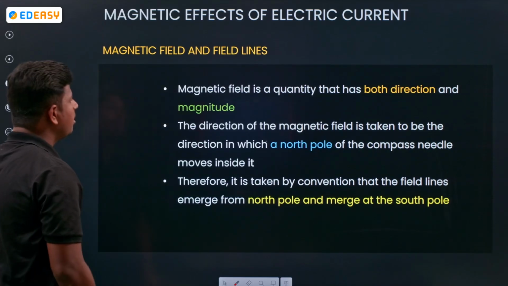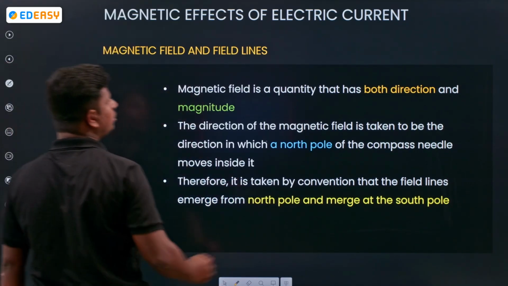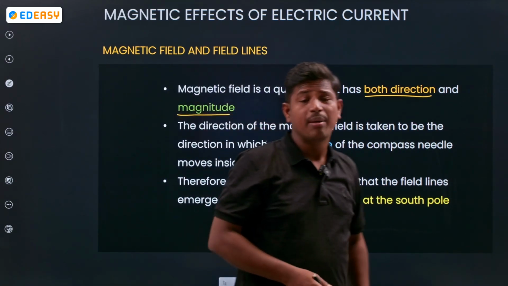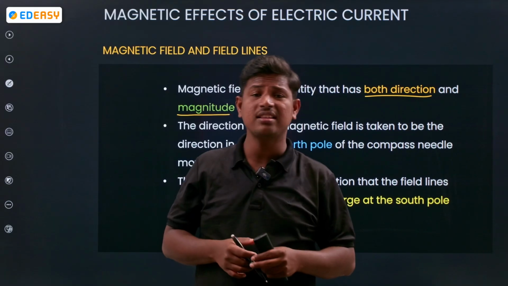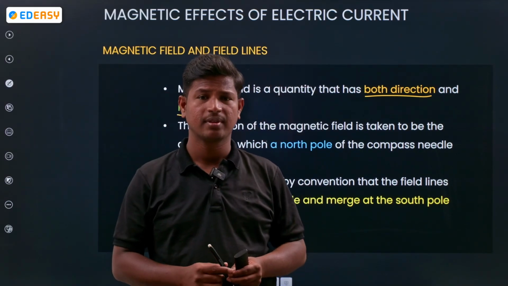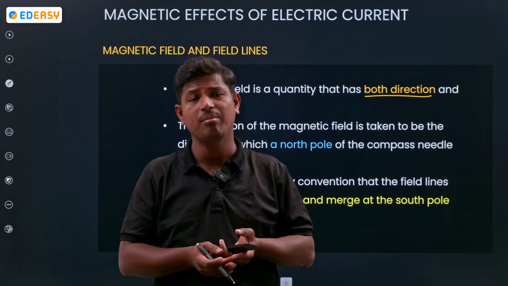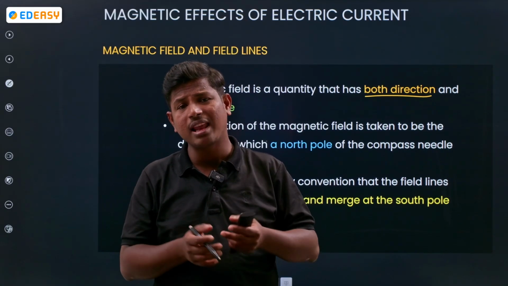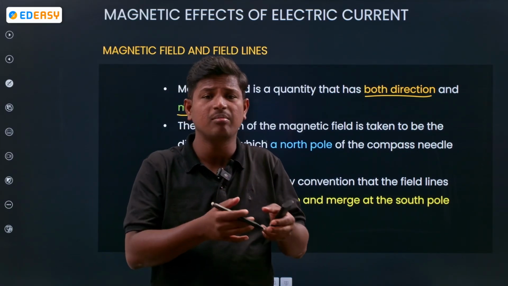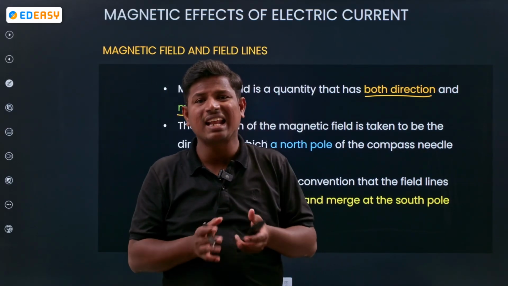Okay. Look at here, magnetic field as a quantity has both direction as well as magnitude. Okay, how do you calculate the magnitude of a magnet? The magnitude of a magnet is nothing but how strong the attraction force is.